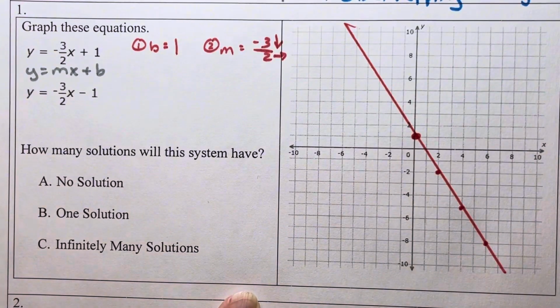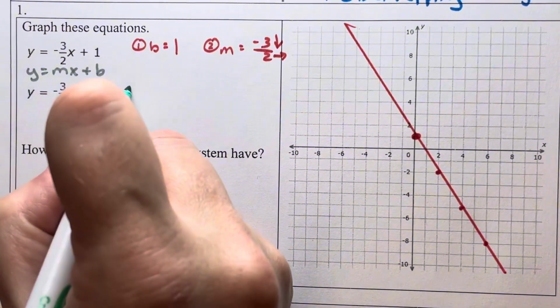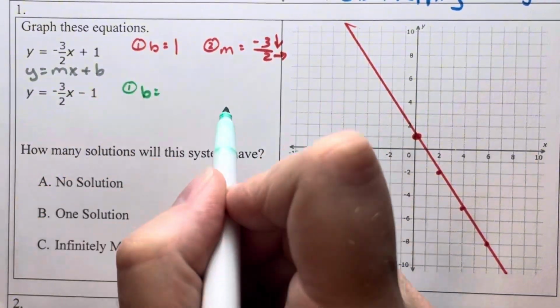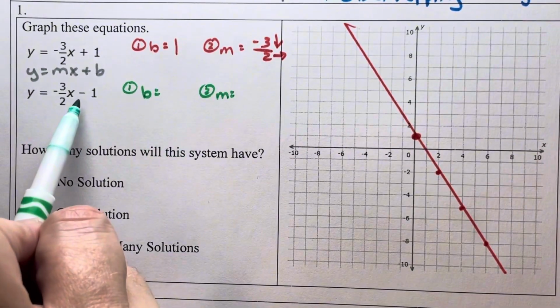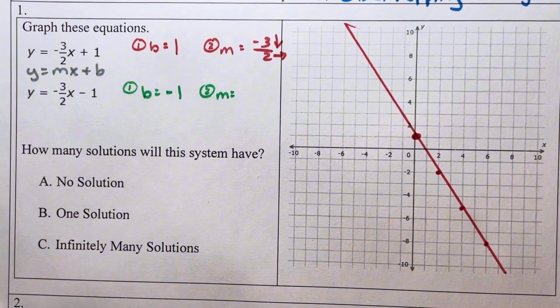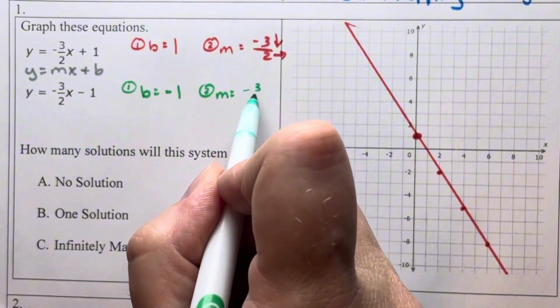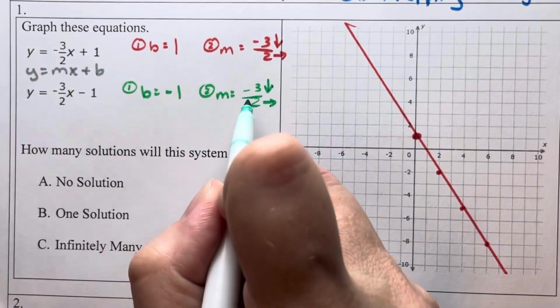Okay, time for our second equation. Again, with the slope-intercept format, we can quickly determine the y-intercept and its slope. My y-intercept on the second equation happens to be negative 1, while my slope is again negative 3/2, which still travels down and to the right.